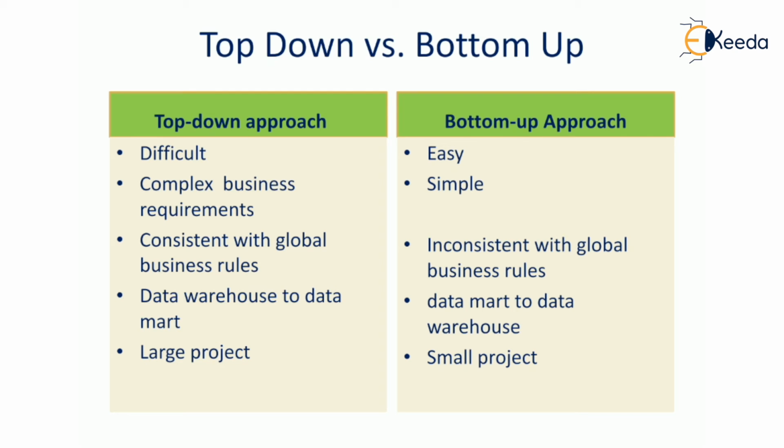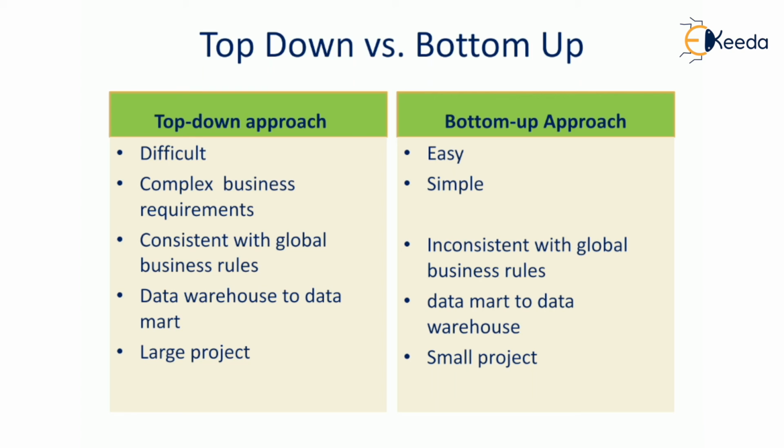Next, consistency with the global business rules. The top-down approach is consistent with global business rules, whereas in the bottom-up approach different departmental concerns should be considered, so it is inconsistent with the global business rules. So all the rules cannot be applicable to each department. The next difference is data warehouse to data mart.